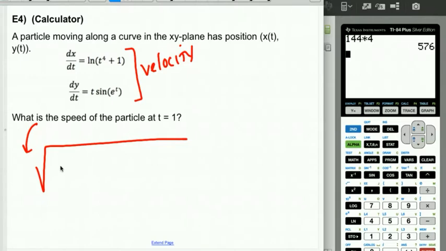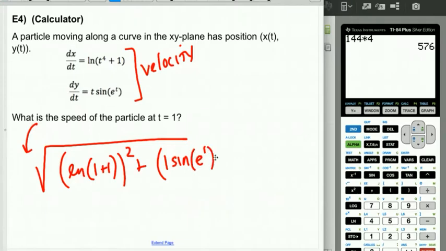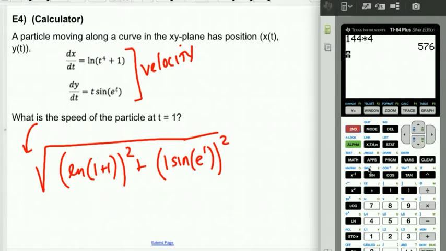So essentially the natural log of 1 plus 1 quantity squared plus 1 sine of e to the 1 quantity squared, right? That's it. And the reason it's a calculator section is because you're going to type that in a calculator. So I'm going to put the square root of, in parentheses, the natural log of 2 quantity squared, because that's what the 1 plus 1 would be.